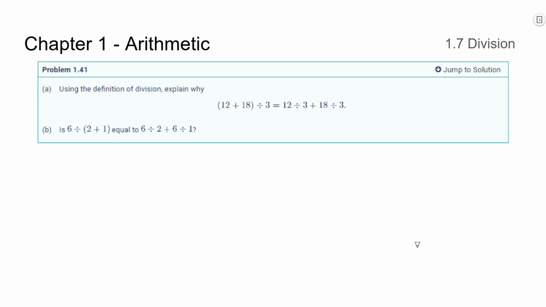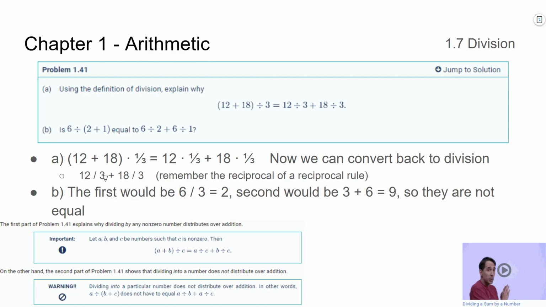All right, let's do another one. Using the definition of division, explain why this is true. All right, so we've got a lot going on right here. First of all, let's go ahead and convert this to multiplication. So this division here becomes multiplication: 12 plus 18 times 1/3.